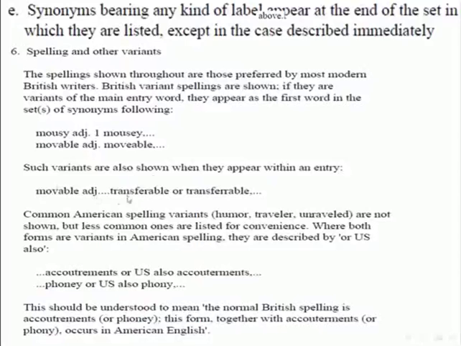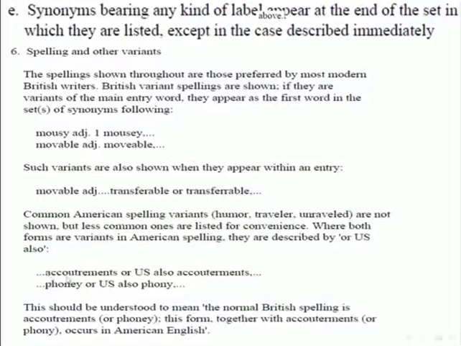Movable as an adjective: transferable or transferable with double R. Common American spelling variants, humor, traveler, and revealed are not shown, but less common ones are listed for convenience, where both forms are variants in American spelling. They are described by or US.